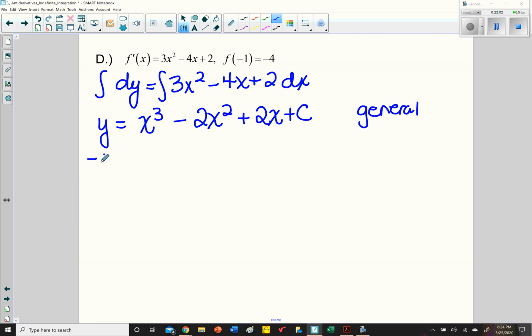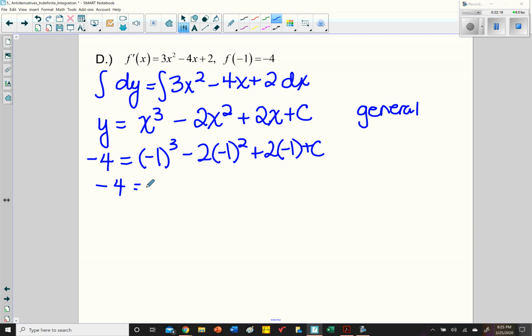Substitute -4 for y and -1 for x to solve for our constant of integration. -4 is -1 minus 2 plus a constant. So our constant of integration is going to be +1, because -5 added to 4 is 1.